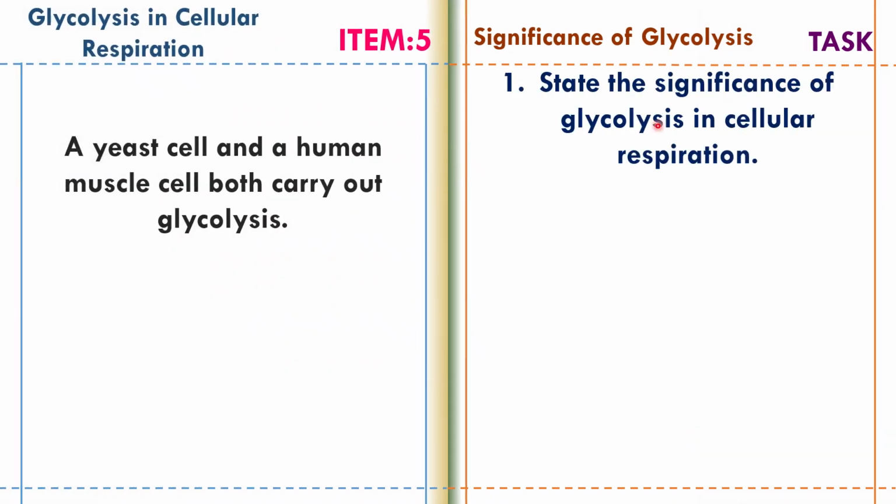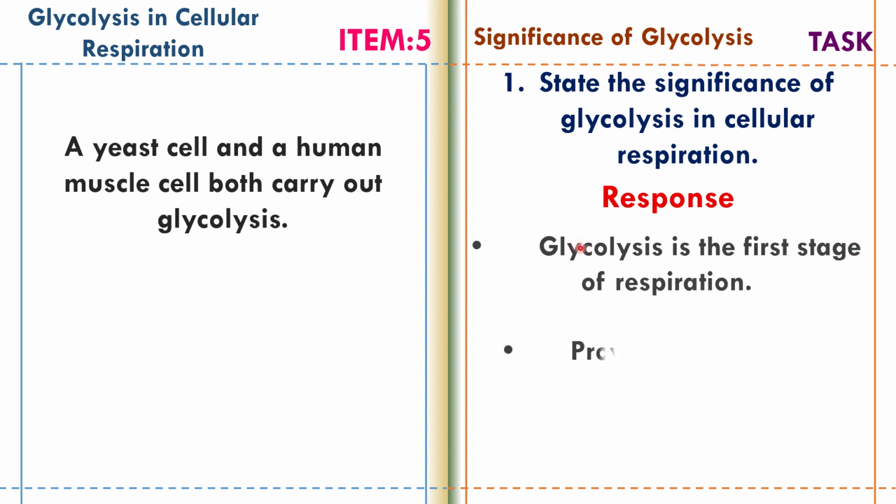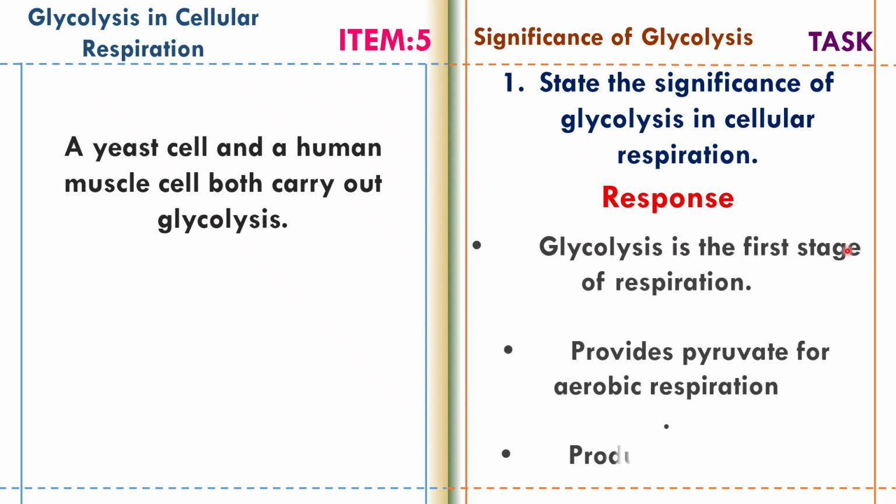State the significance of glycolysis in cellular respiration. Glycolysis is the first stage of respiration. It provides pyruvate for aerobic respiration and produces ATP quickly.